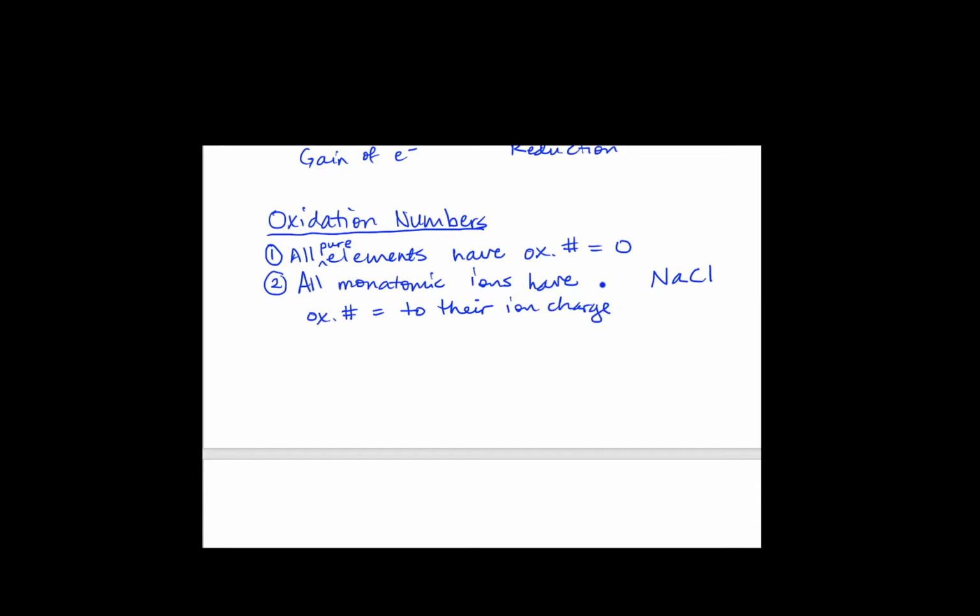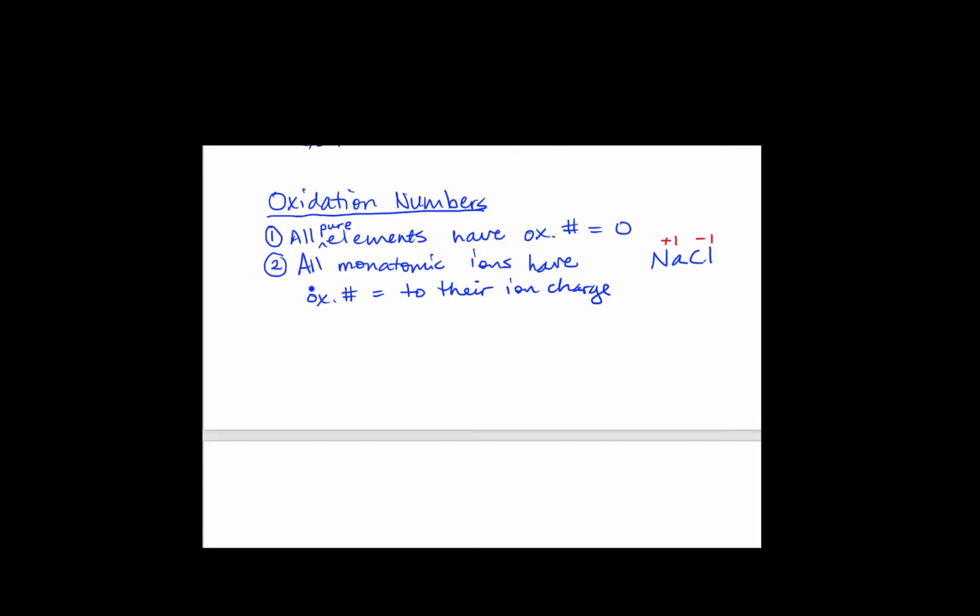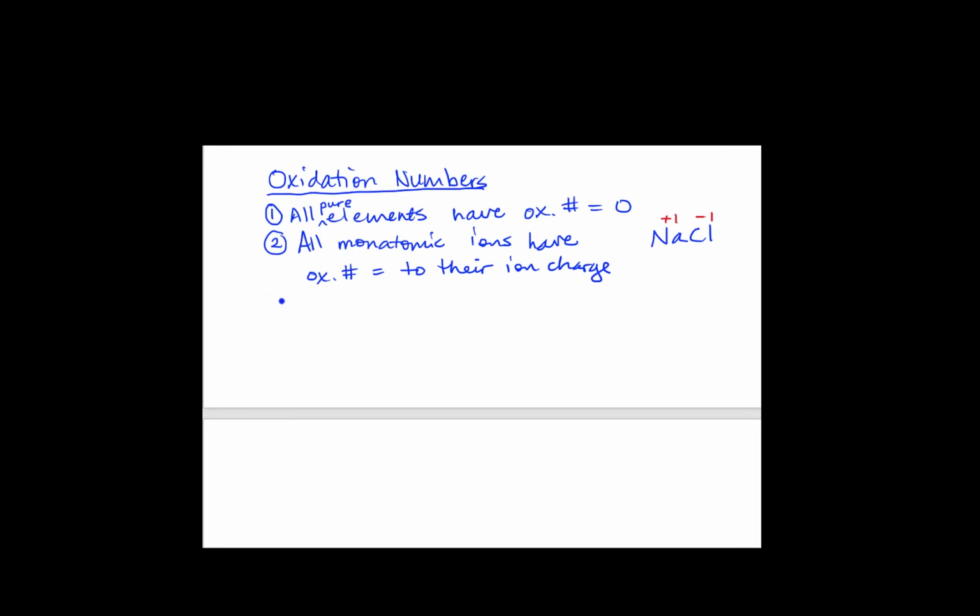So just as we know that sodium here is +1 for its charge, and chloride is -1 for its charge, the same thing is true about their oxidation numbers. Sodium would have a +1 oxidation number, and chloride would have a -1 oxidation number. So this covers most of our metallic monatomic ions anyway.